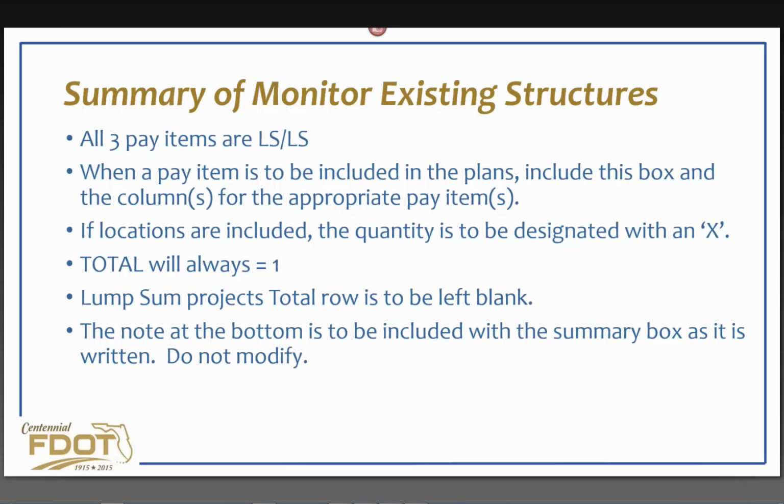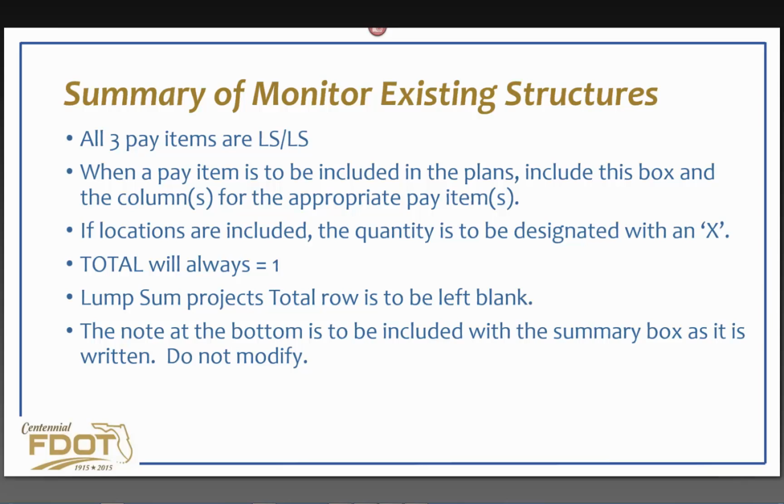If I'm not using all of the 3 pay items, hide or delete the columns that I don't need so that I'm only seeing the active pay items that are going to be included with the project. If you're using 108-2 or 108-3, you will have locations. I'll talk about 108-1 in a minute.